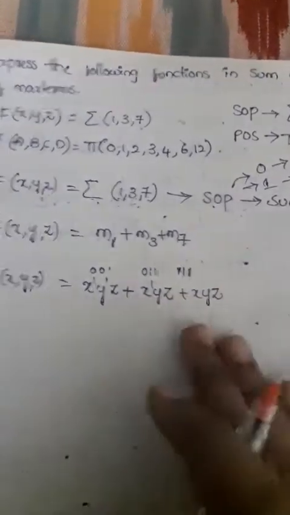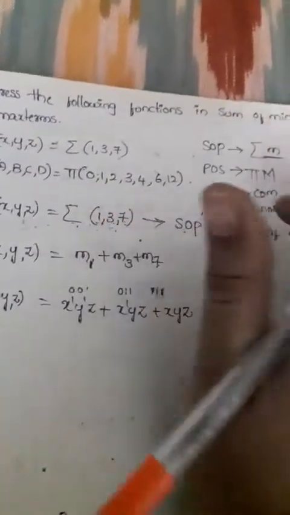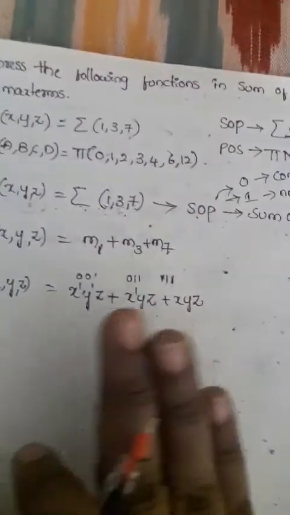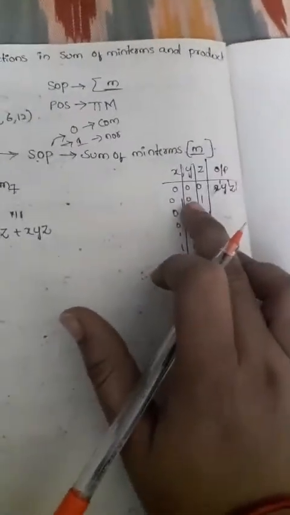So this is the Boolean function for these decimal numbers. That means whatever sum of minterm equation we have, that will be written as a Boolean expression.